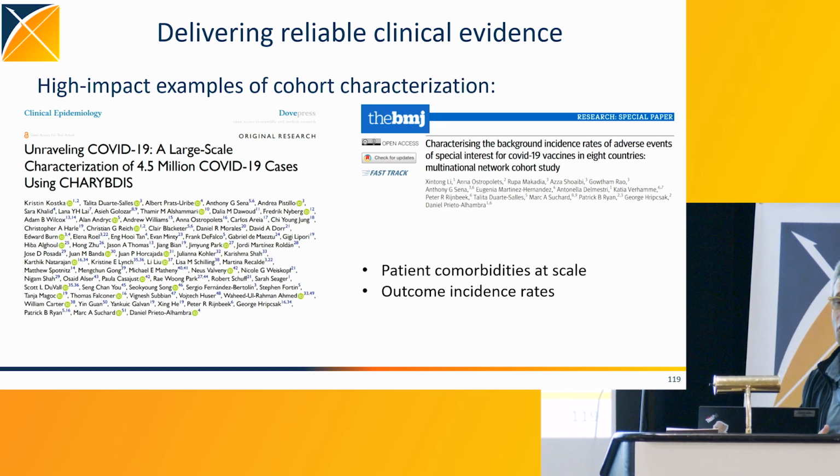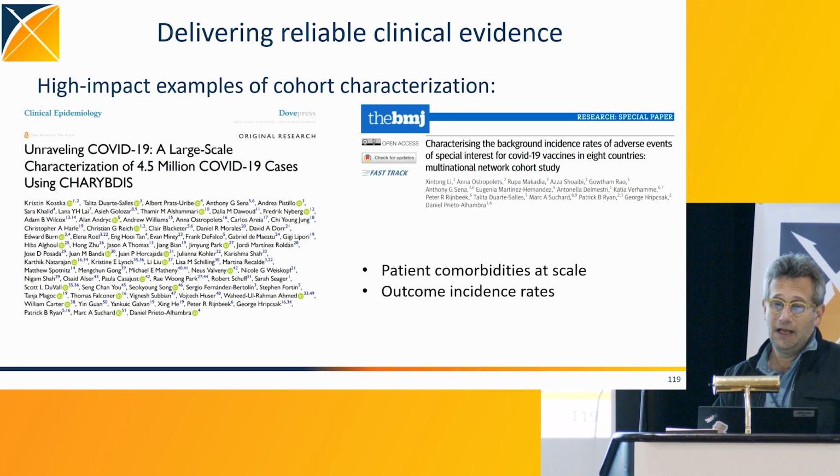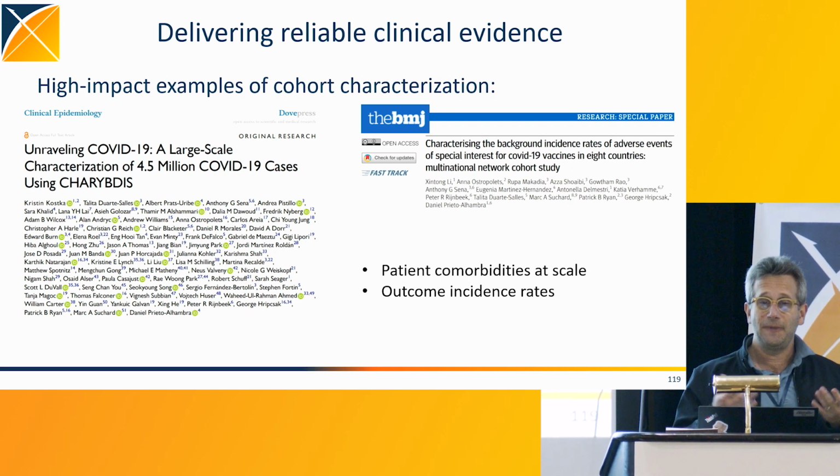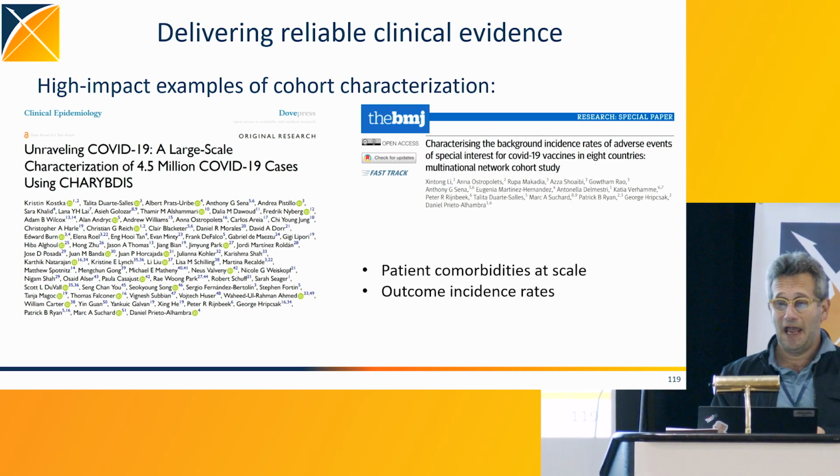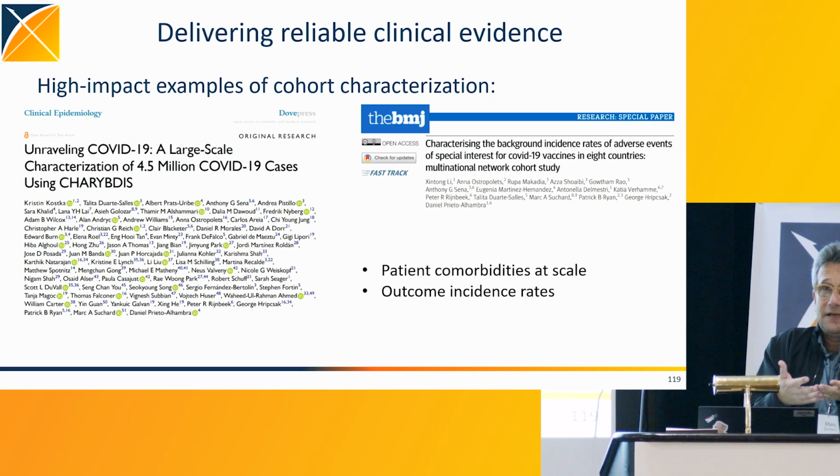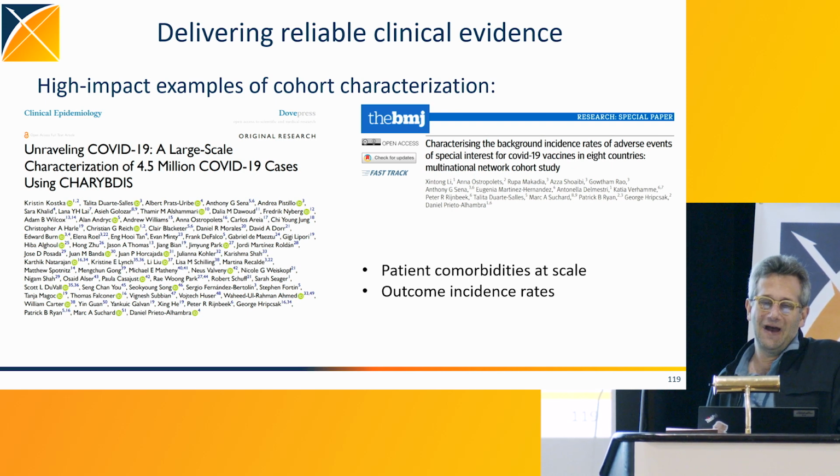And perhaps more important for clinical practice is a paper led by Shintong Li and our colleagues at Oxford in the BMJ, which is the real first to characterize background incidence rates of suspected adverse events that are expected to maybe occur or be associated with COVID vaccination.